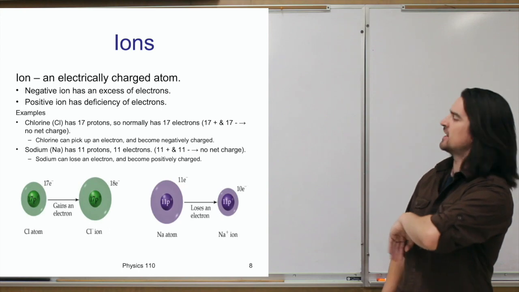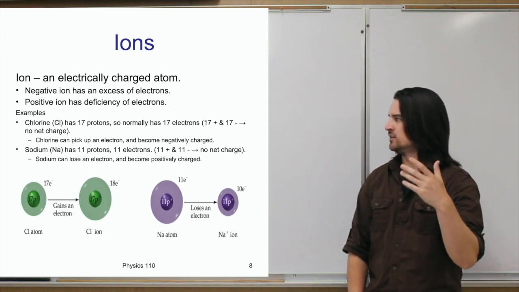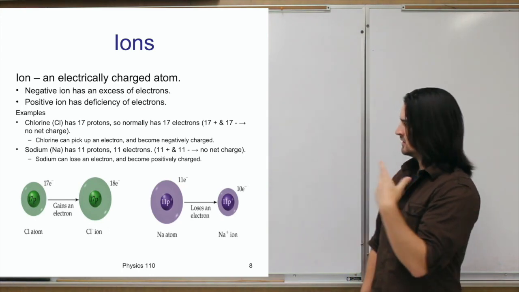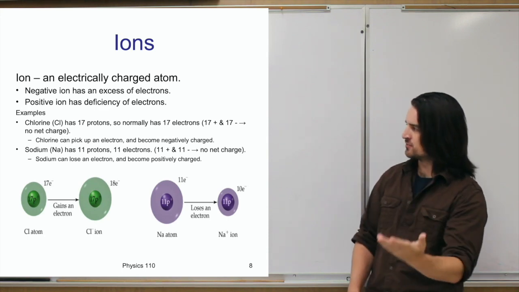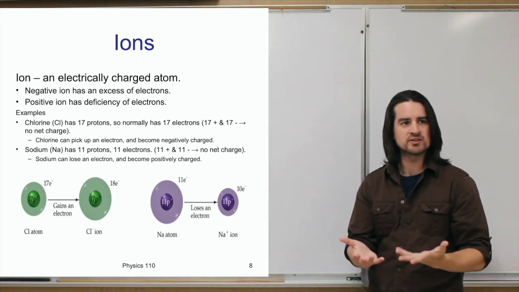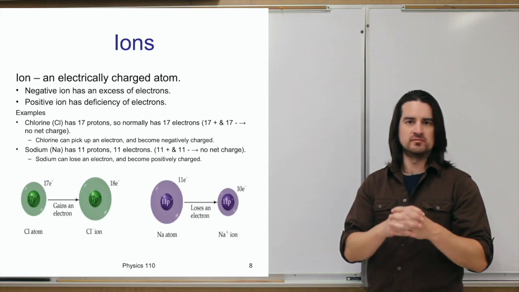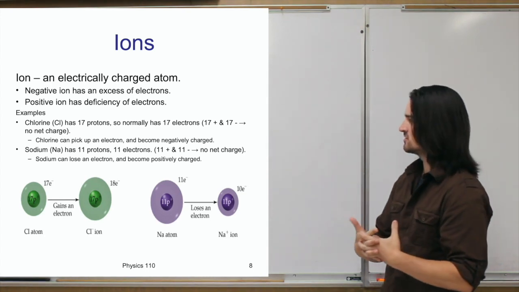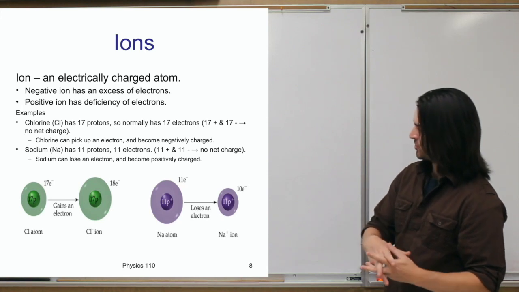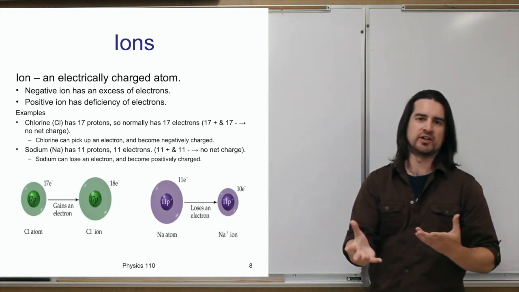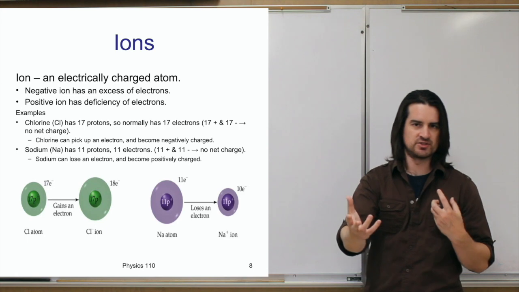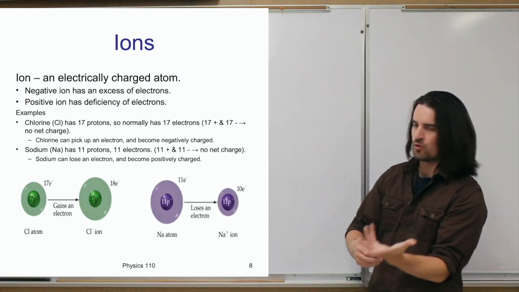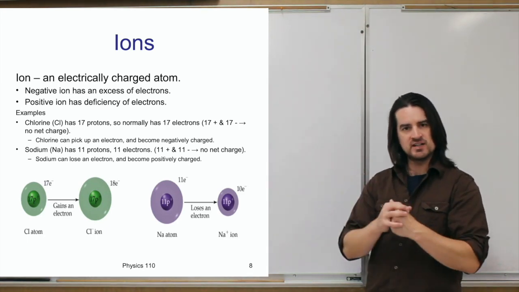And the opposite sort of thing can happen too. If you start out with a neutral atom, say sodium this time, where you have 11 protons, 11 electrons, overall 0 electrical charge, same amount of pluses and minuses. But sodium might give off an electron to somewhere else, it might lose an electron in some way, meaning now it has one more positive charge than it did a negative charge.